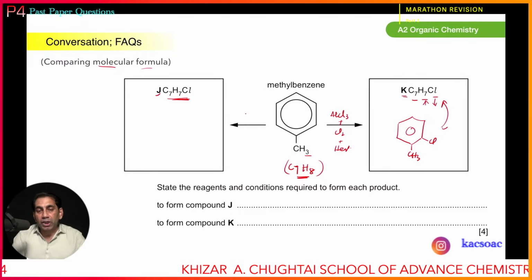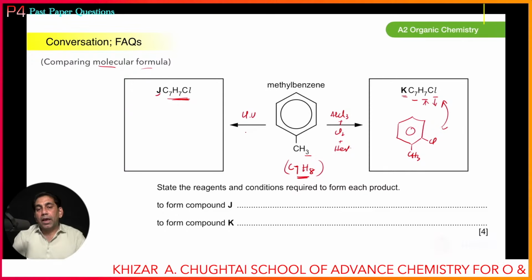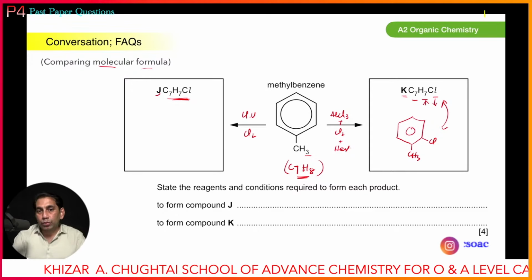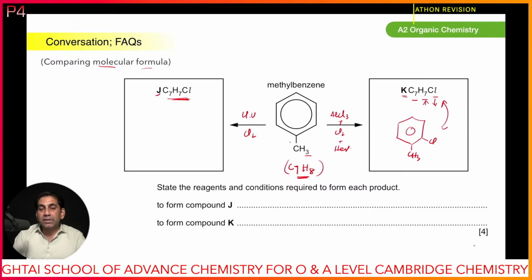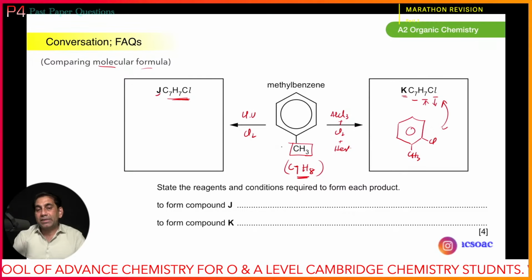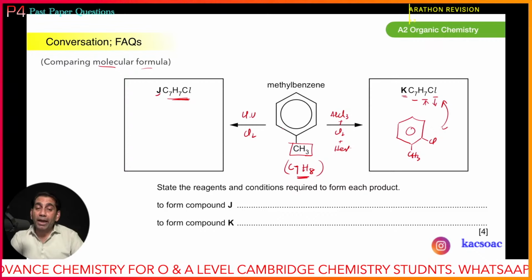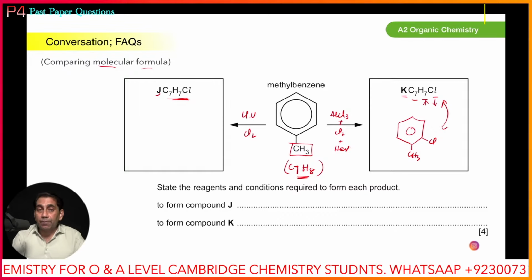If I change the condition, if I use UV light and add Cl2, nothing else, not using any AlCl3, then the side chain is supposed to react with this Cl2. And again, there might be the possibility of the same formula.